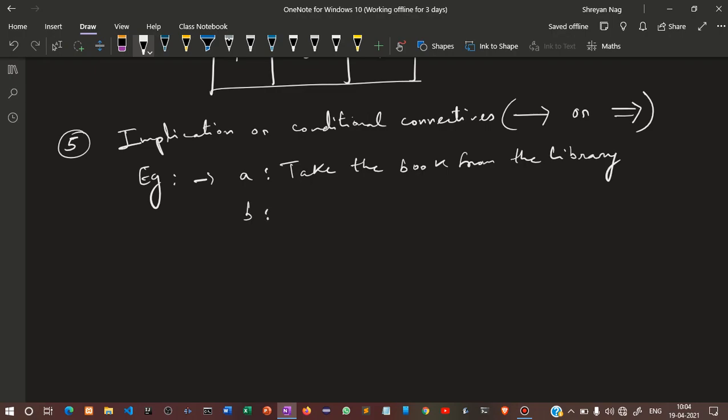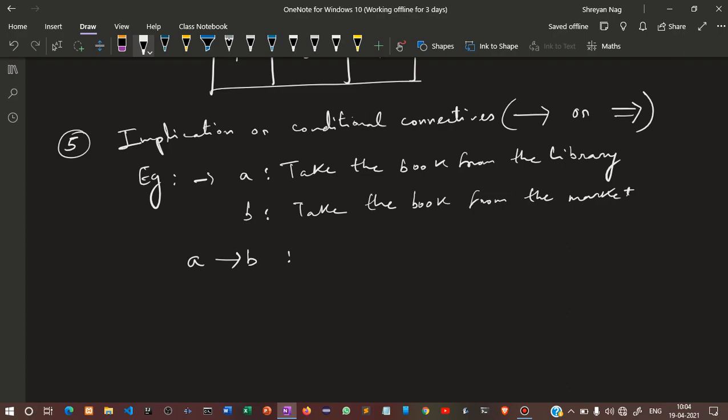B: take the book from the market. Now we will do what? We will do imply symbol. So basically it says that A implies B.